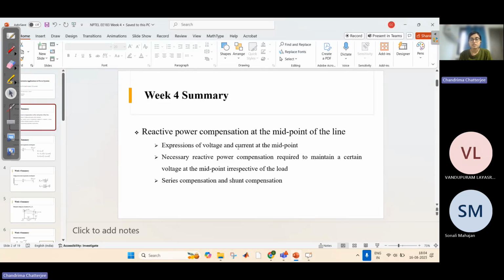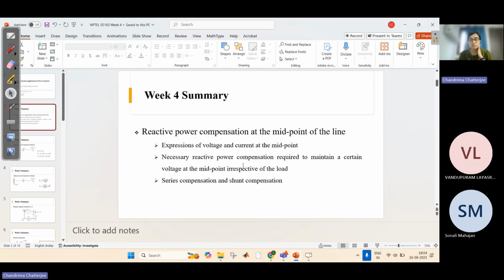In today's session, the idea was to have a preliminary concept of the transmission line parameters and to have an idea how to calculate the active and reactive power.